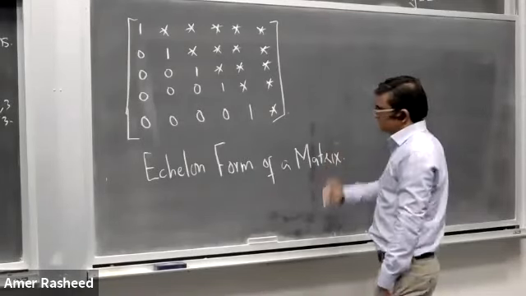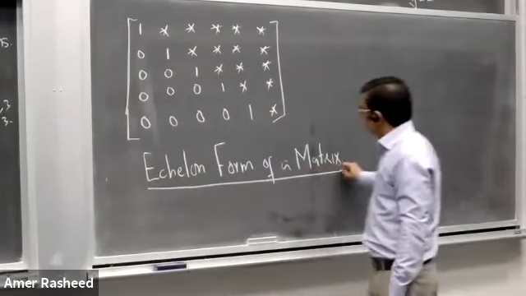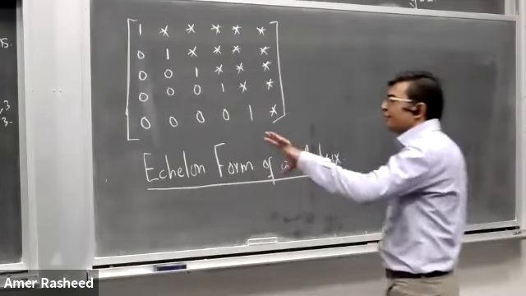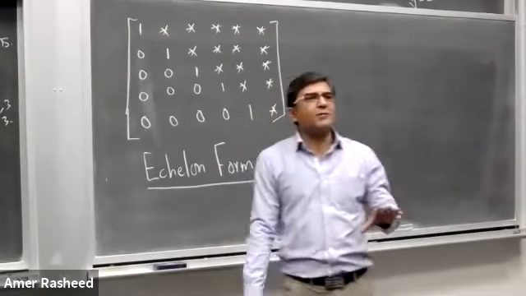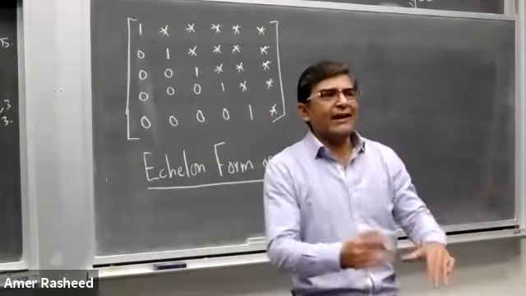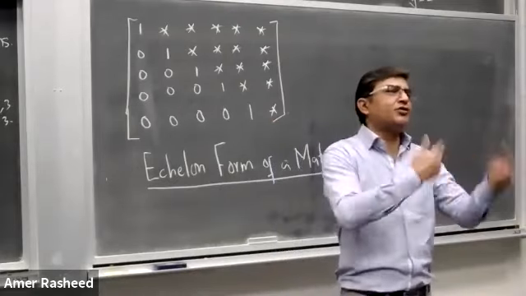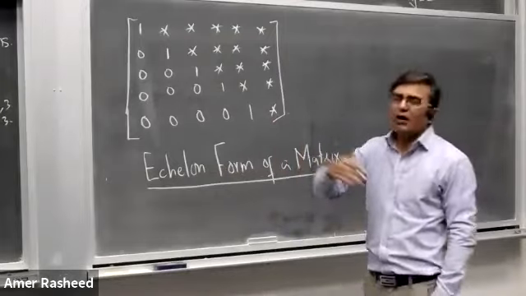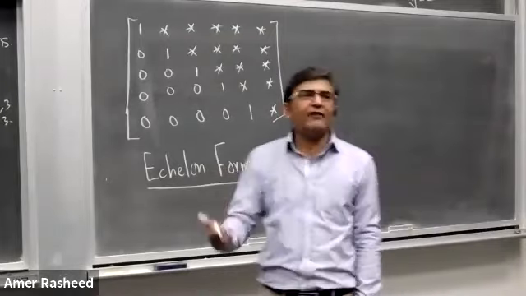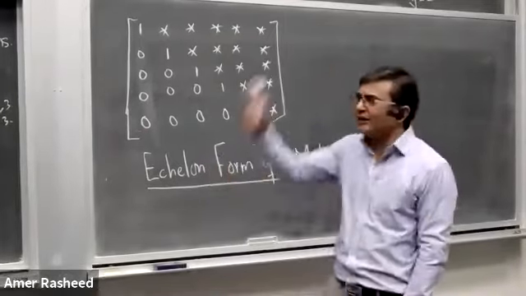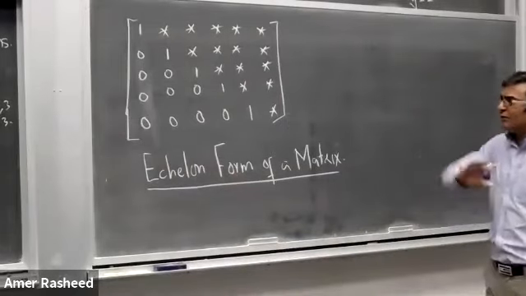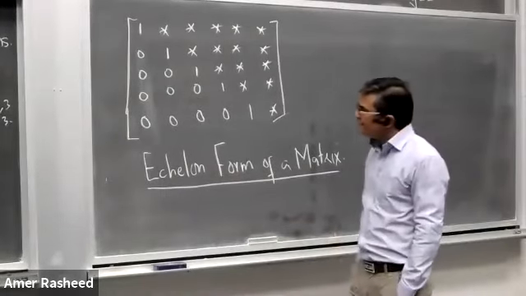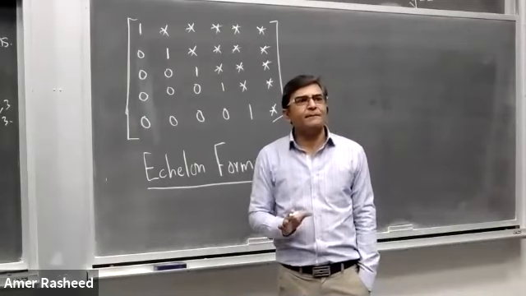So you have to reduce that augmented matrix into echelon form, and then you use backward substitution in order to get the values of the desired unknowns, x, y, z, x1, x2, x3, x4, x5, whatever the number of variables are there in that linear system, whatever the order is. I hope you get it.